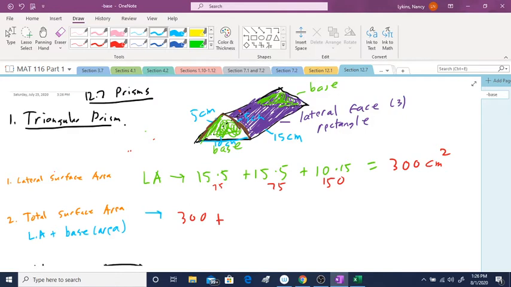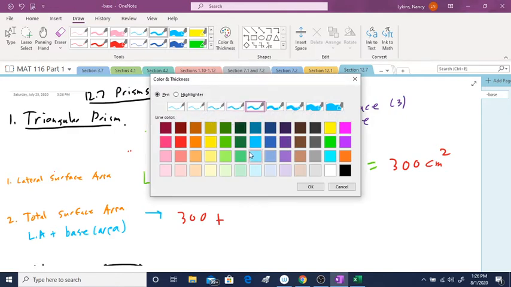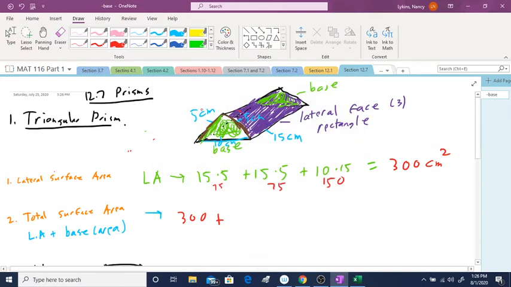Okay, so I'm going to put in one other piece of information in here. I just didn't want to confuse us all. Let's just say the height of this is, say, maybe 8 centimeters.